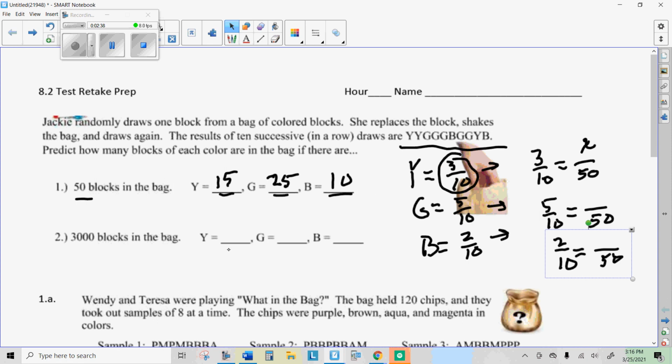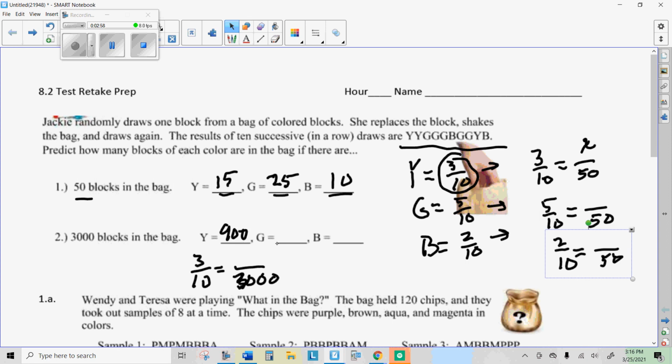Now to do 3,000 blocks in the bag using the same sample, we would just take our ratio of yellow out of 10 and change it to out of 3,000. So we would do 3 times 3,000, which is 9,000, divided by 10, which is 900 yellow.